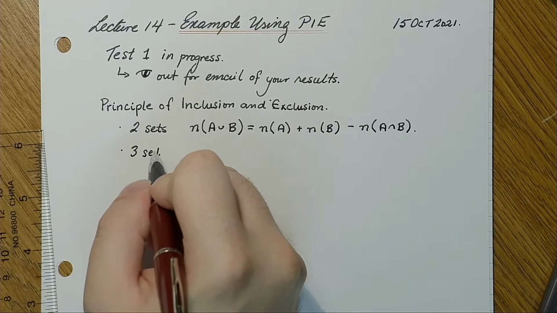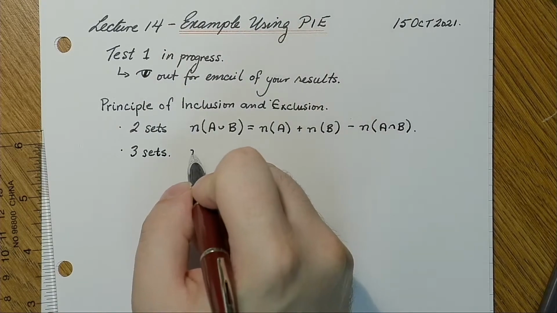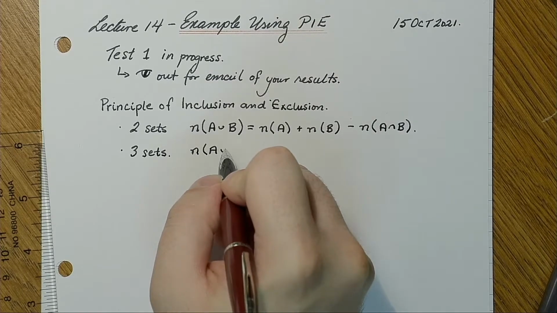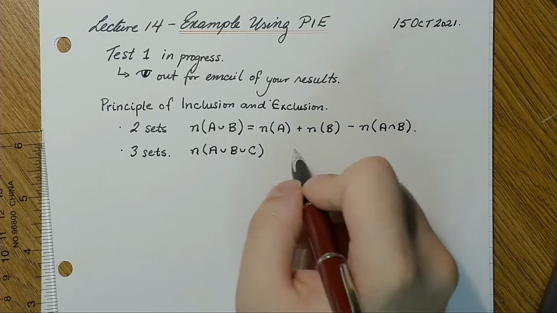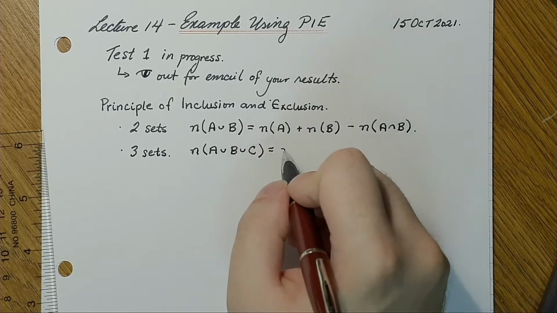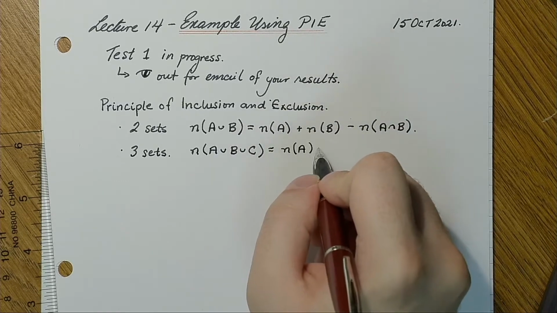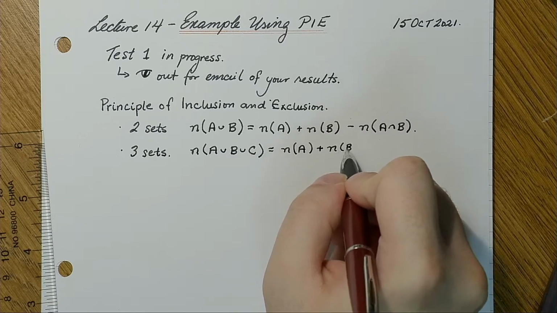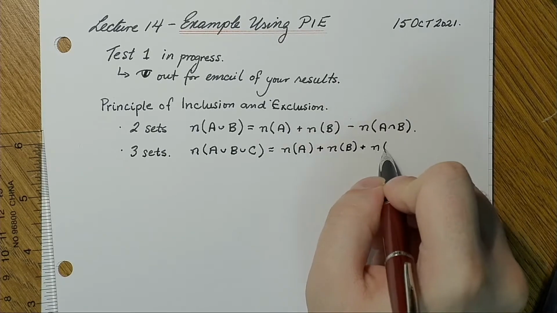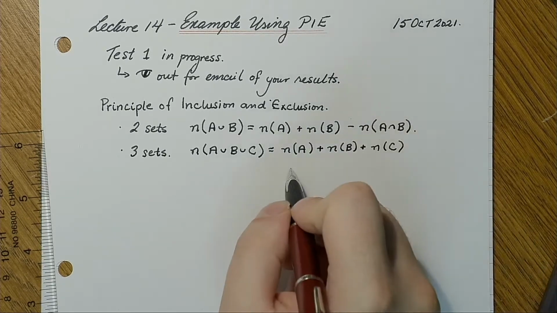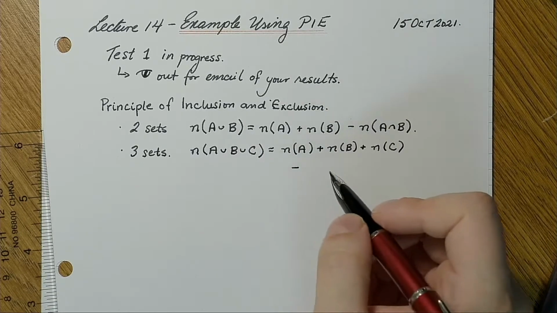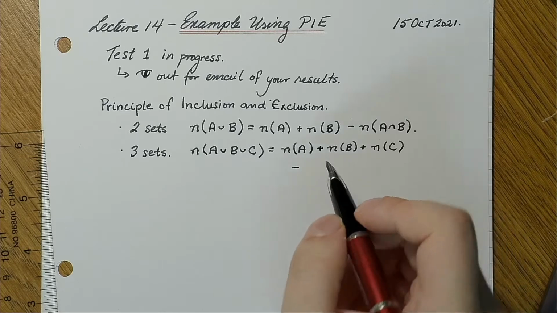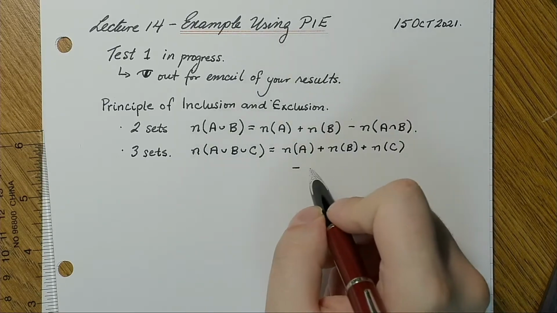With three sets, I have, say, A union B union C. It's, again, the number of elements in each set, minus the two-way intersections, so where they overlap.